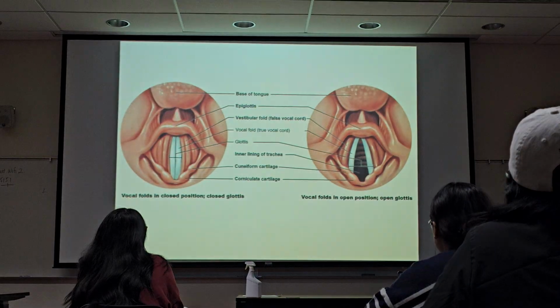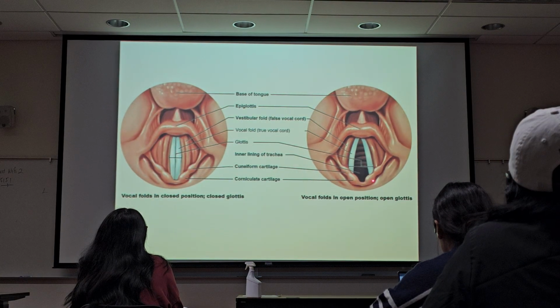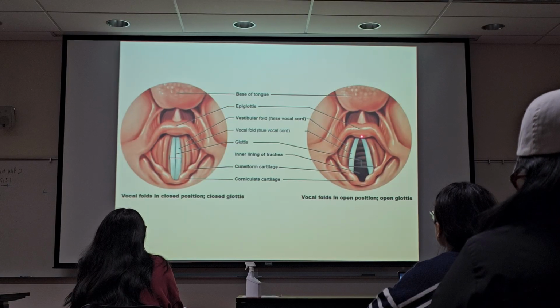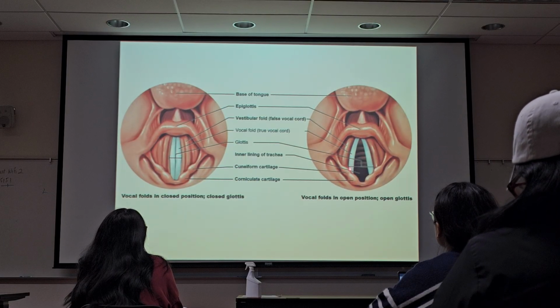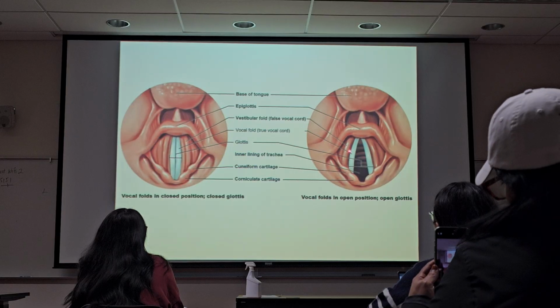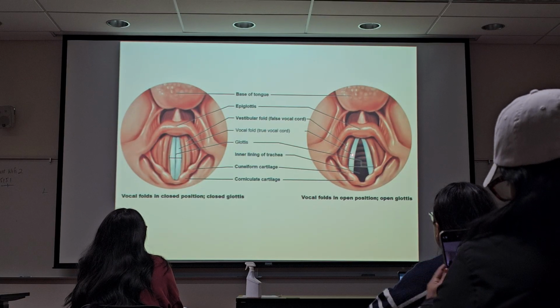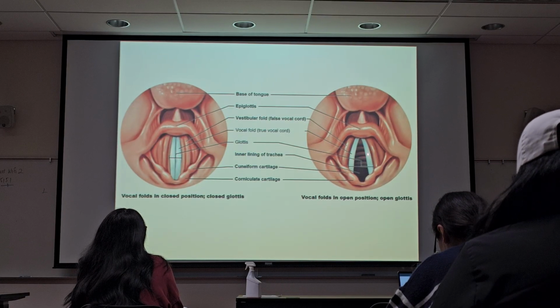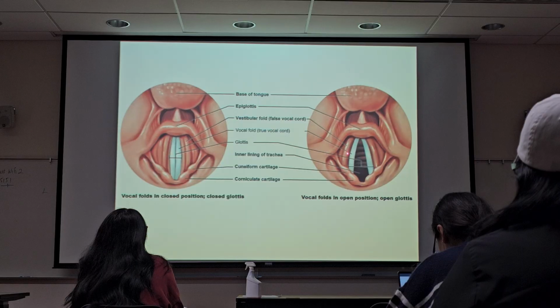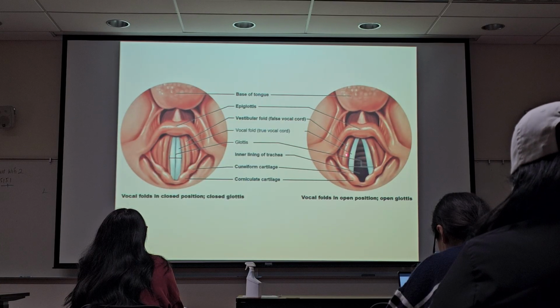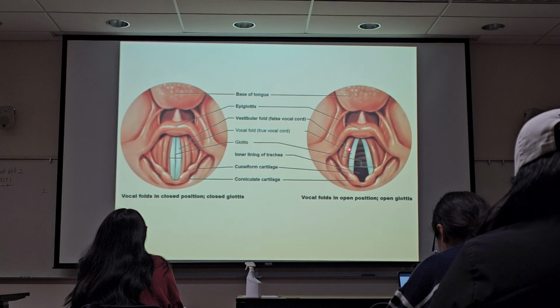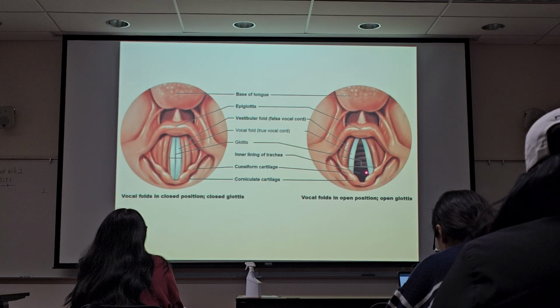So here's the glottis, and at the glottis we have our vocal folds, our true vocal cords in white. Above them are the vestibular folds. These are false vocal cords. They don't make any sound. They help to open and close the glottis, which is the opening to the larynx.